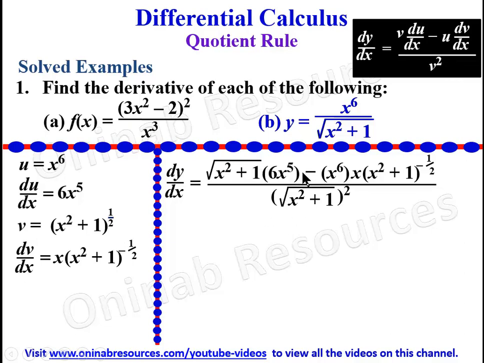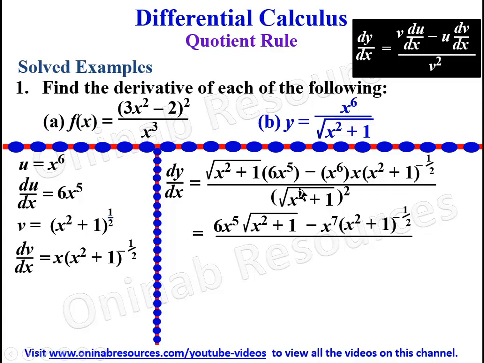Now we go ahead to simplify this. 6x to the power of 5 root x squared plus 1 minus x raised to the power 7 into x squared plus 1 all to the power of negative half. Then divide by the square root. Here we remove this square, so I'll be left with x squared plus 1.